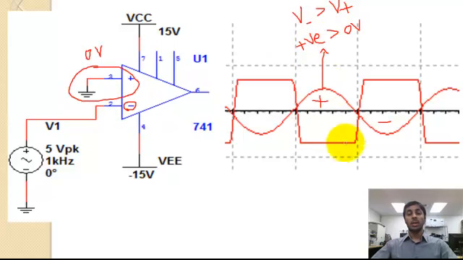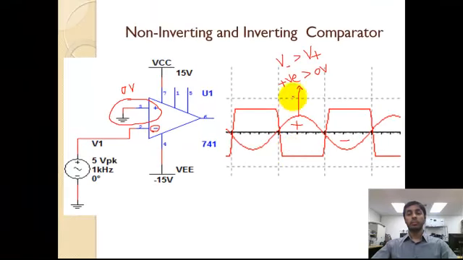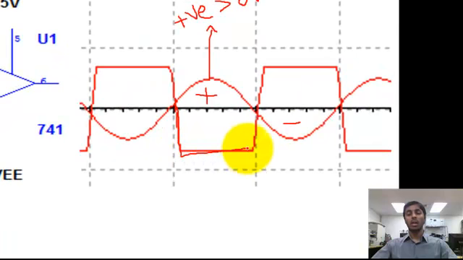Positive voltage is greater than 0, so V negative is greater than V positive. The output shoots towards the maximum negative level, approximately negative 14.5 volts.